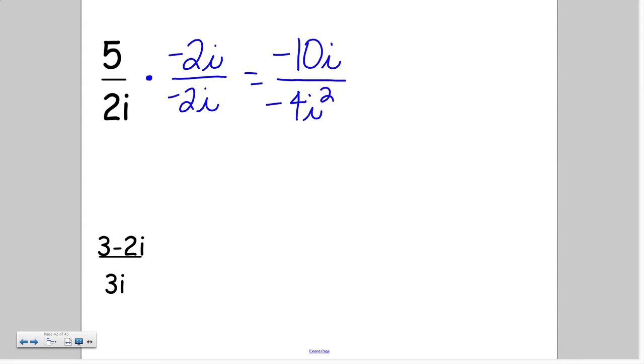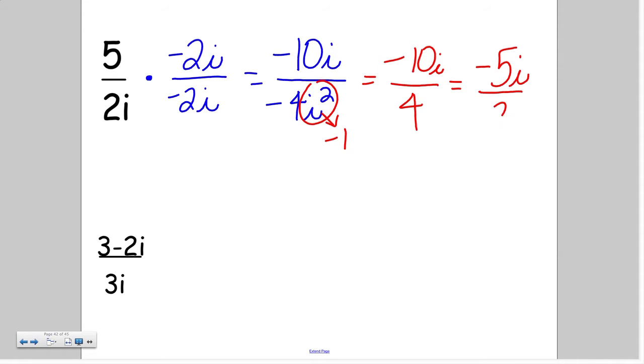And we know i squared is -1, which basically just means I'm going to change the sign. Now I want to see if I can simplify 10 over 4, which I can. That will simplify down to negative 5i over 2. And all I've done is simplify 10/4. But I've got the i at the bottom.